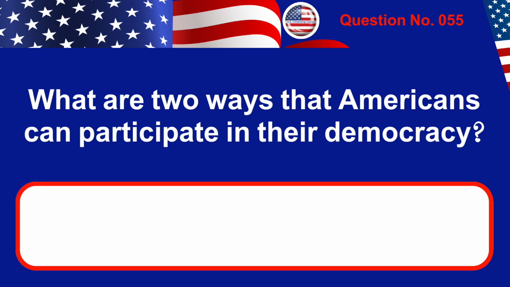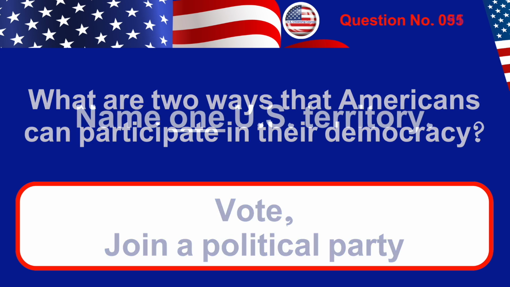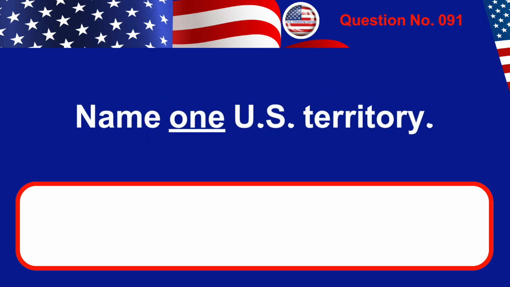What are 2 ways that Americans can participate in their democracy? Vote. Join a political party. Name one U.S. territory. Guam.